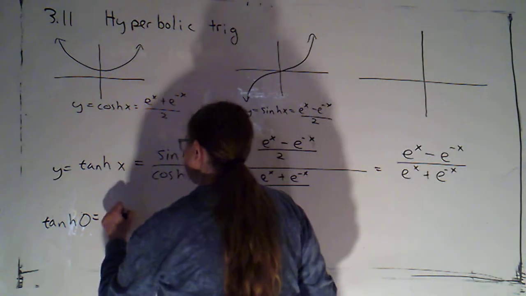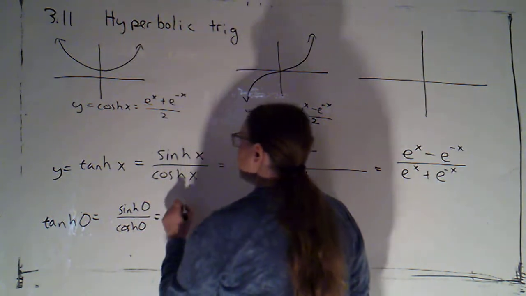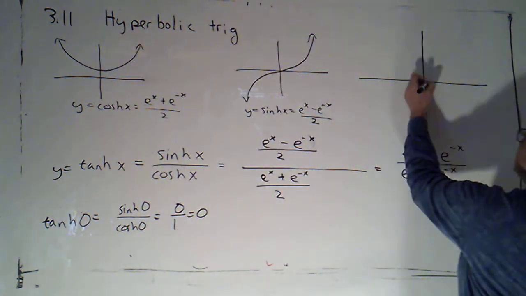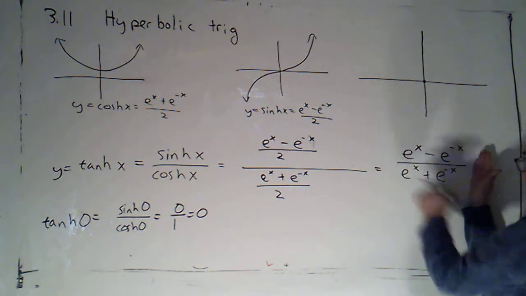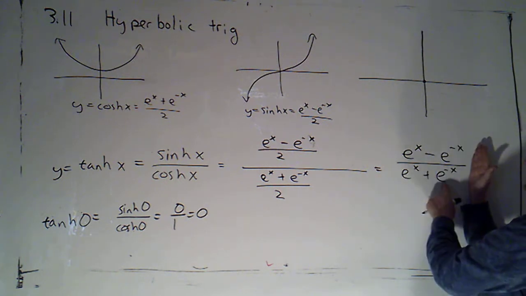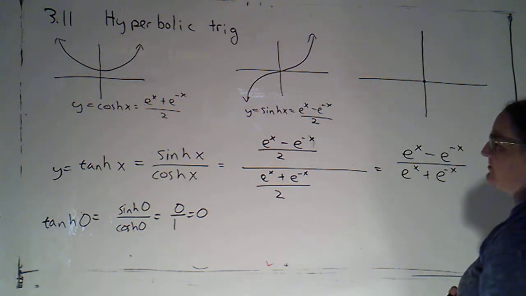I could say, oh, that's sinh of 0 over cosh of 0. That would just be 0 over 1, so that's going to be 0. Okay. So tanh will go through the origin. I could also plug into this version of the formula. I'm going to get 1 minus 1 on top and 1 plus 1 on bottom. 0 over 2 is going to be 0.